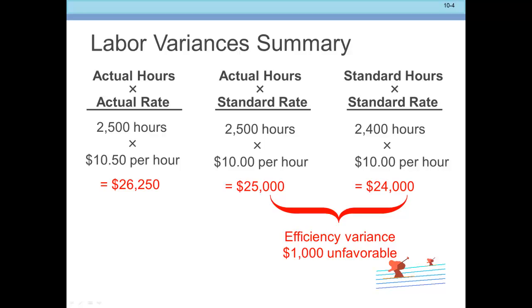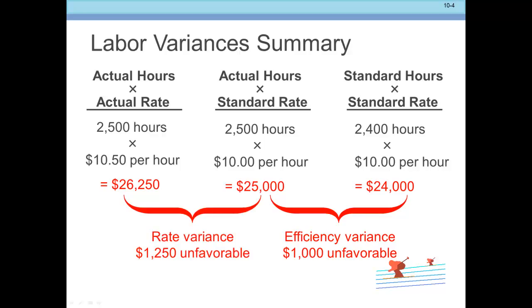The difference between the $25,000 and the $26,250 is the rate variance, which is the difference between the actual average hourly wage paid and a standard hourly wage. It's $1,250 unfavorable. The rate variance is labeled unfavorable because the actual average wage rate was more than the standard wage rate by 50 cents per hour.